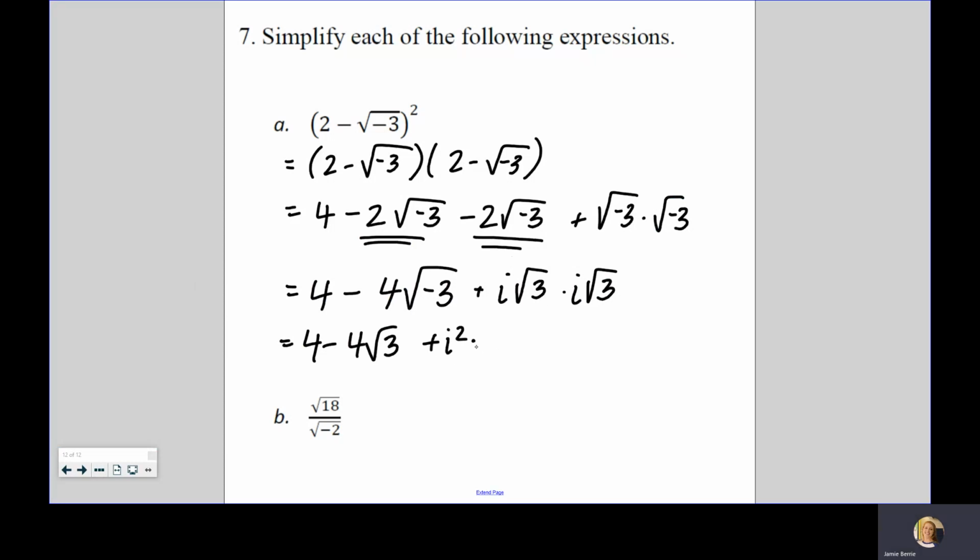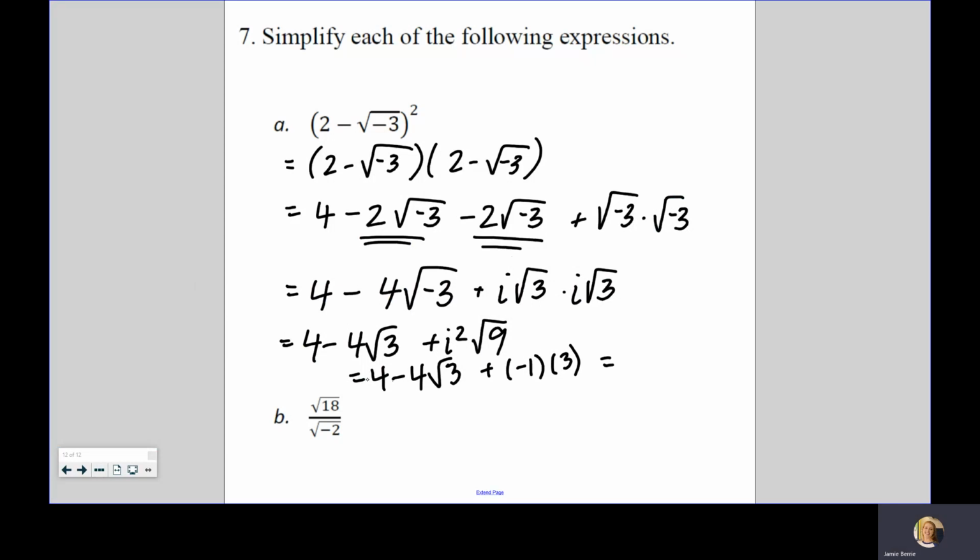And then the square root of 3 times 3 would be 9. And let's see, square root of 9 is 3. We know that I squared is equal to negative 1. So it's going to be 4 minus 4 on the square root of 3 plus negative 1 times square root of 9 is 3.